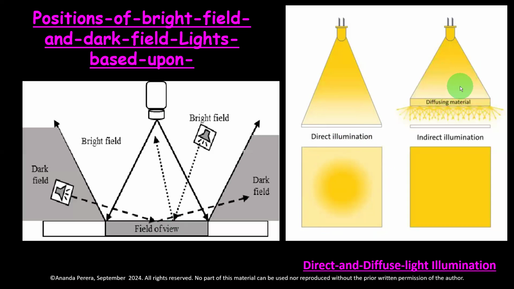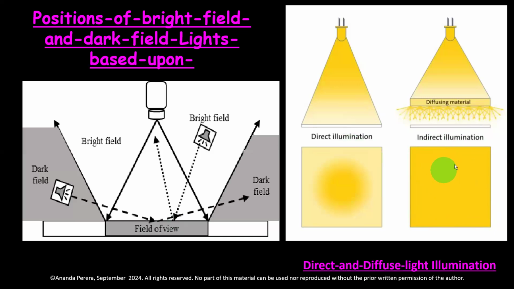It is called ceiling lights. It gives the same color to the whole area. That is indirect illumination. Indirect illumination gives an equal amount of light to all areas of the room. Direct illumination gives like this.